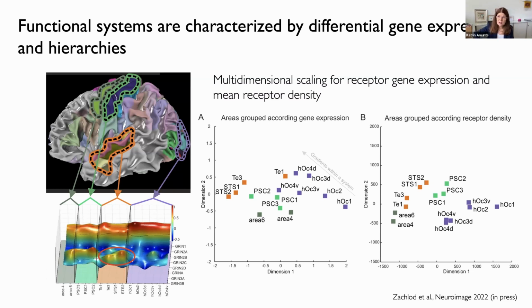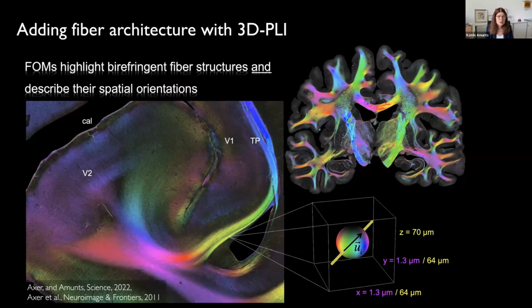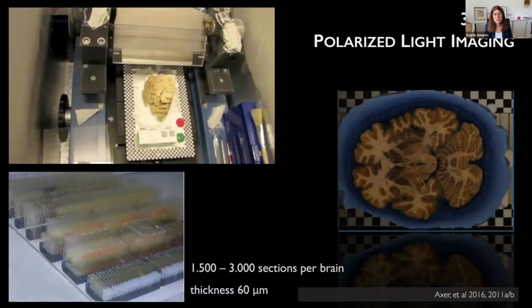And we see how the receptor and how the genetic architecture is changing from the primary area towards higher areas, towards associative areas. Last but not least, I would like to emphasize that we are also studying connectivity at the microstructural level, and polarized light imaging is a method that Markus Axer and team in particular have developed in the past.